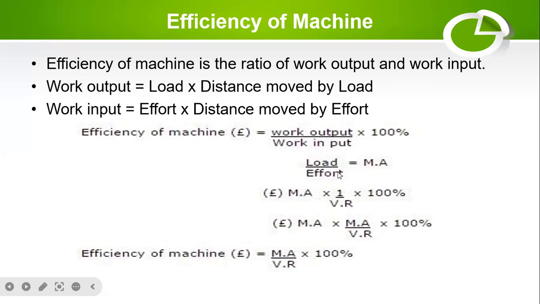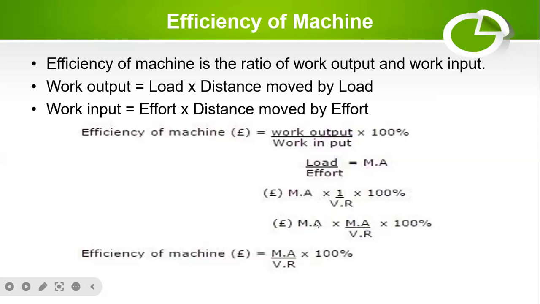We know load over effort is MA, the mechanical advantage. When you substitute, you get MA over VR, the velocity ratio, times 100%.